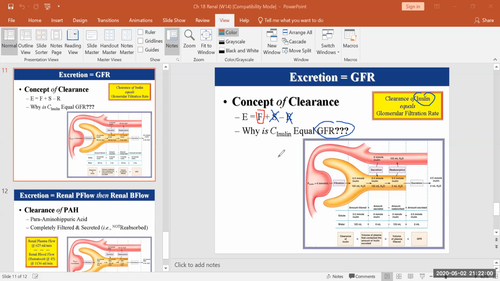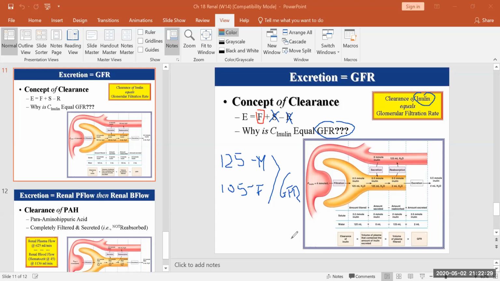This is how we arrive at the GFR of 125 cc for males and 105 cc for females, that we saw earlier in the lecture for glomerular filtration rate.